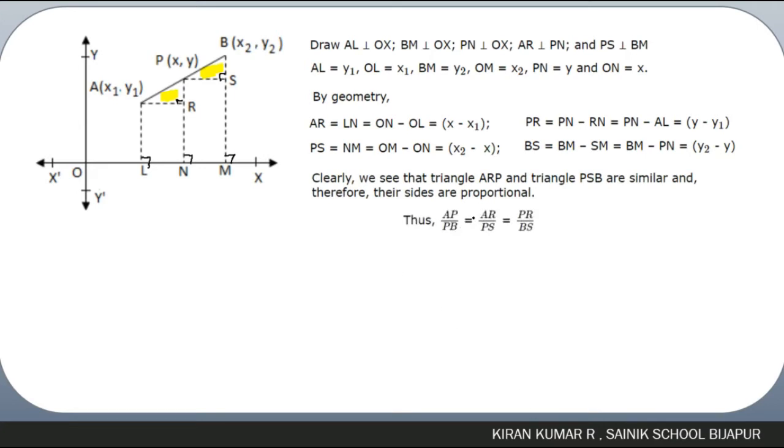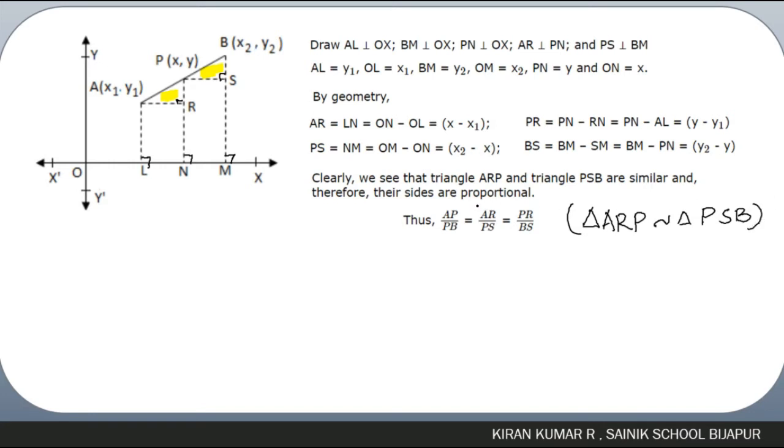Since the sides are proportional, AP by PB will be equal to AR by PS, which will be equal to PR by BS, since triangle ARP is similar to triangle PSB.